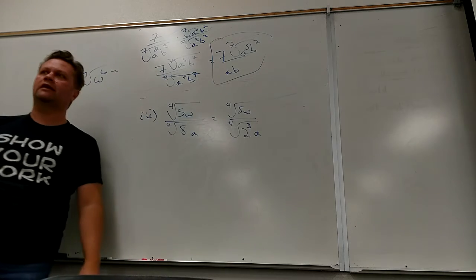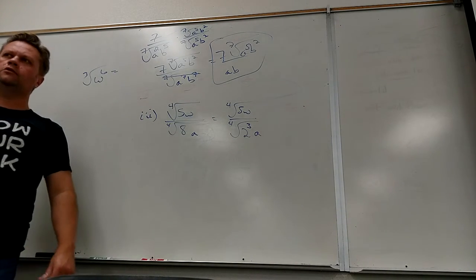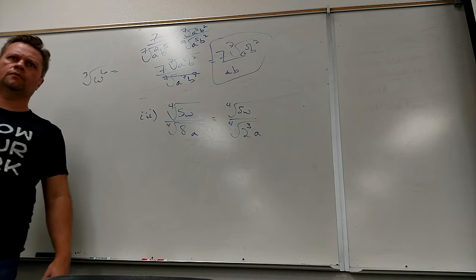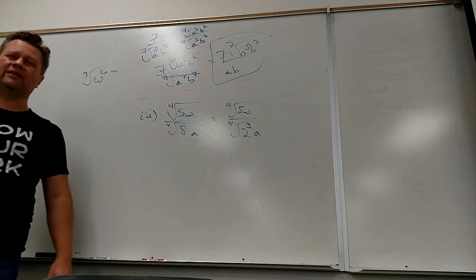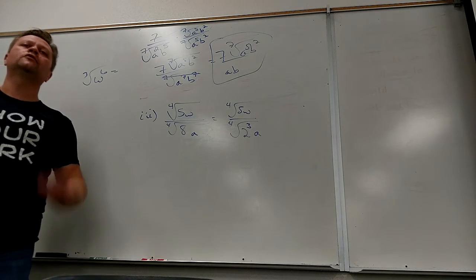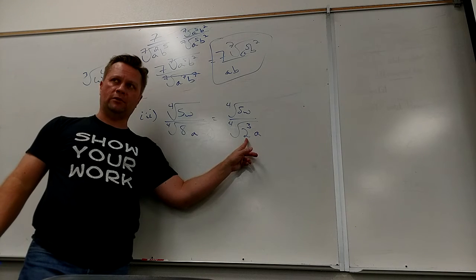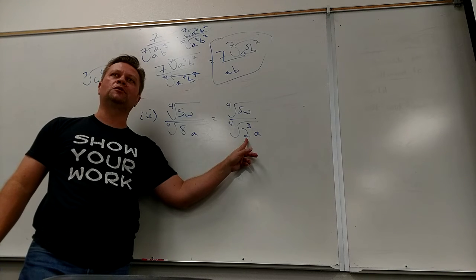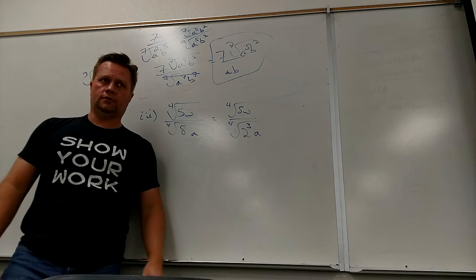Now I can see what I've got, so I can see what I'm missing. How many 2s am I missing? What's the root? 4th root. So how many things does it need in it? 4. How many 2s does it currently have in it? So how many more 2s does it need? 1 more. See why complete the root makes more sense?